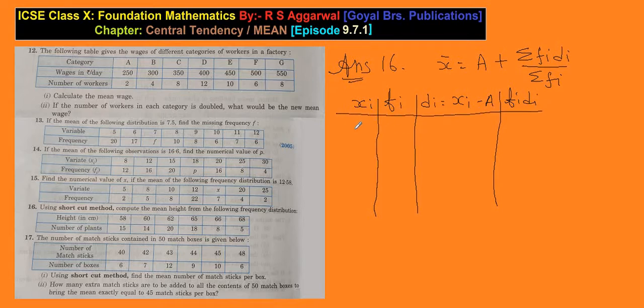Now xi for question 16, some heights in centimeters are given: 58, 60, 62, 65, 66, 68, and the corresponding frequencies.